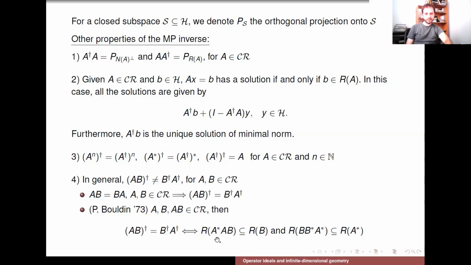Are these range inclusions? Note that here we have an adjoint, and also here that will be important later.